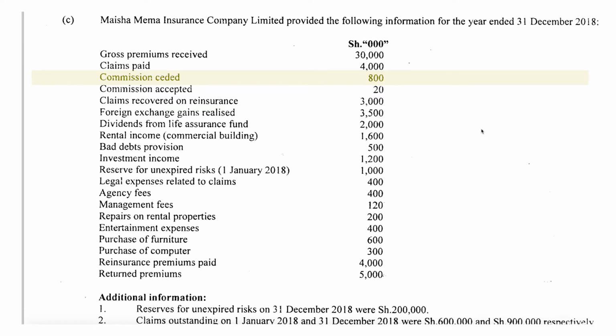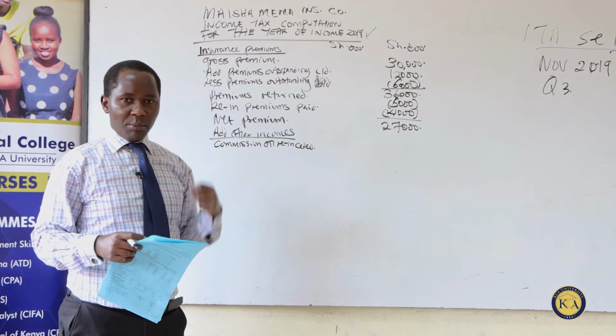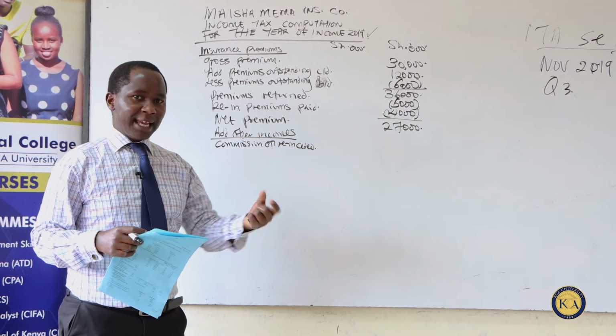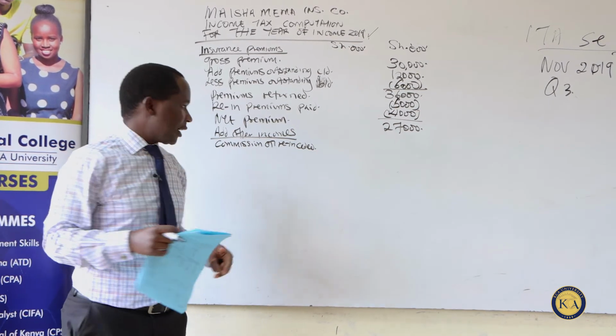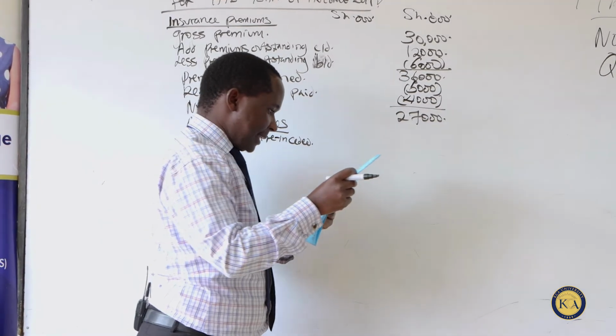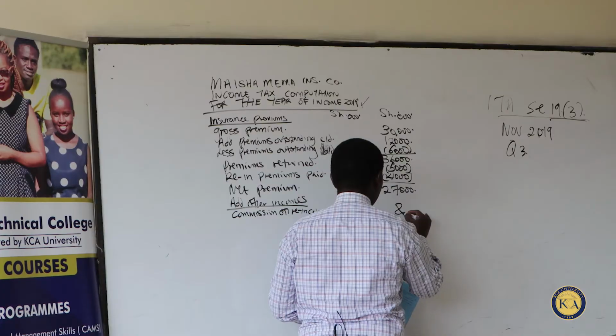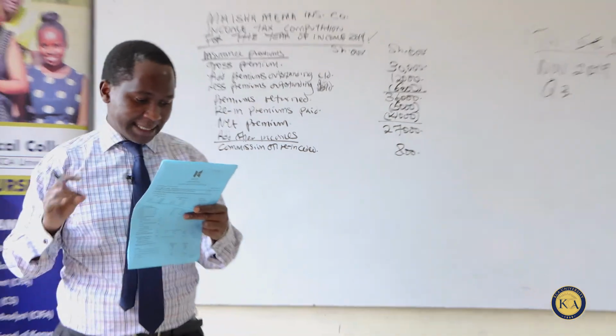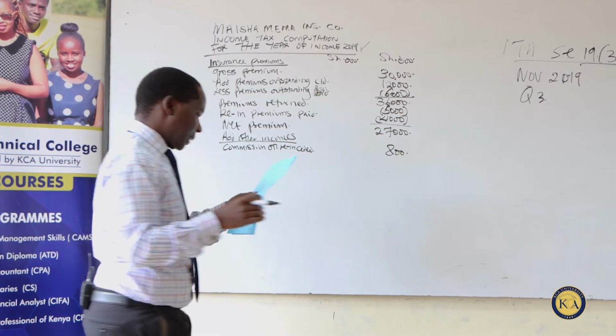I can explain briefly what we mean by commission on reinsurance ceded. When they give out insurance, they are paid a commission. When they cede part of their business to their reinsurers, then they are paid a commission by their reinsurers, and that is the amount that is provided as 800. The opposite of this is a reinsurance commission accepted, which is actually an allowable expense.